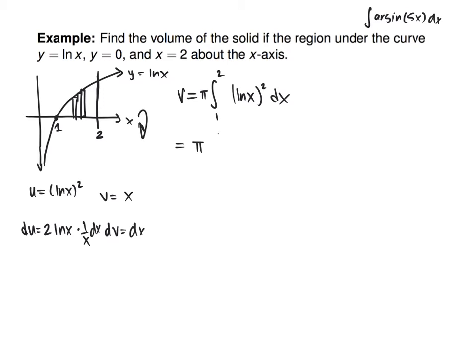So pi times uv, so that's x ln of x squared, that part from 1 to 2, because it's already integrated, minus, what do I get when I multiply my v and my du? I think it's just the integral of ln of x. Do you guys agree?